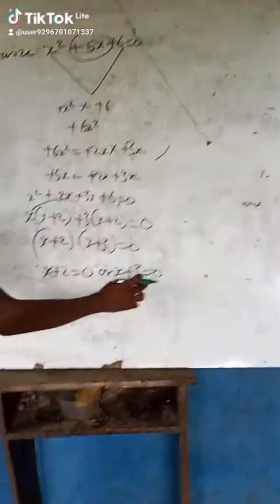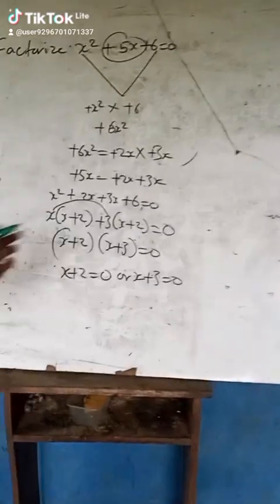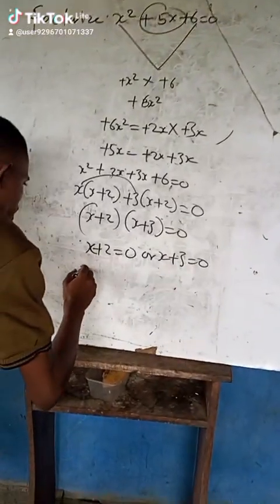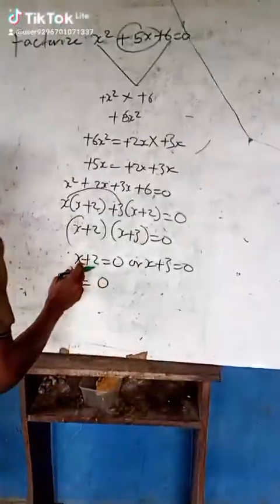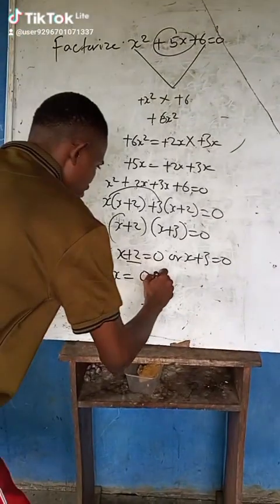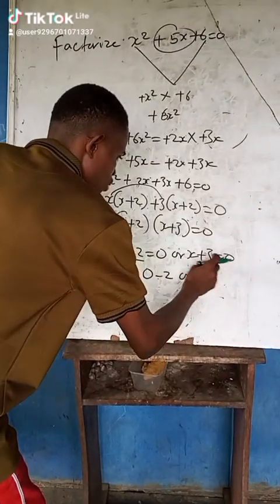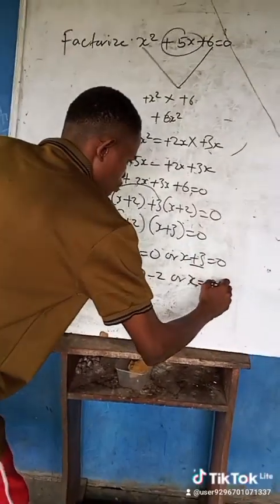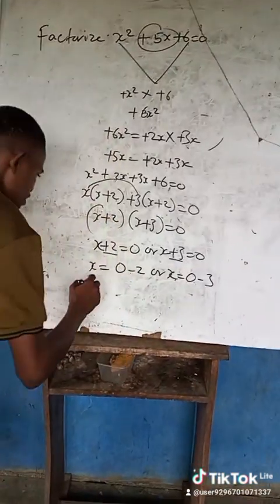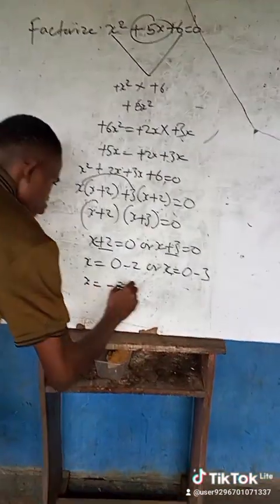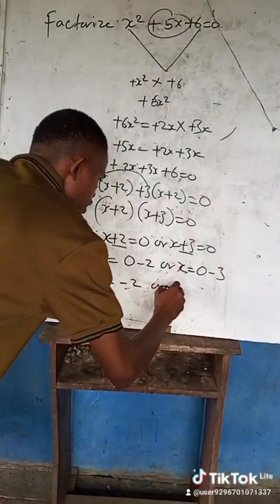Now we collect like terms and balance the equation. x equals 0, this one carries plus 2, and when you come here you come to minus 2. This one carries plus 3, and when you come here you come to minus 3. So you now say that x equals minus 2 or x equals minus 3.